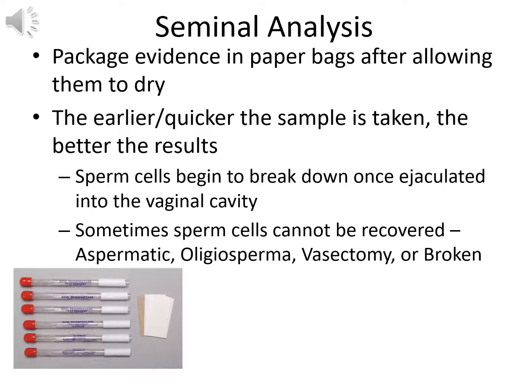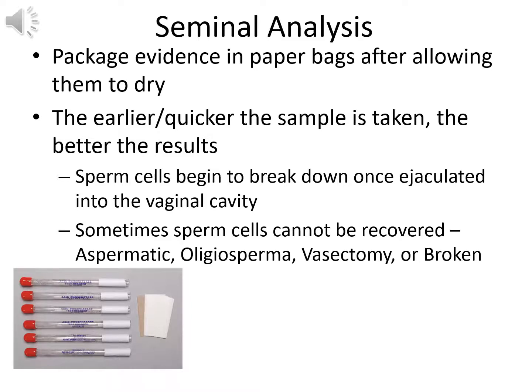Our textbook assumes that it was a male raping a female, but it could be a male against male, and then we'd be looking at other places, but the same sort of thing happens with the sperm breaking down. Sometimes we can't recover sperm at all because the assailant may have aspermia, meaning they have no sperm, or oligospermia, meaning they have so few sperm that it's tough to find any, or they've had the vasectomy that we mentioned, or the sperm themselves are broken when they're being collected.